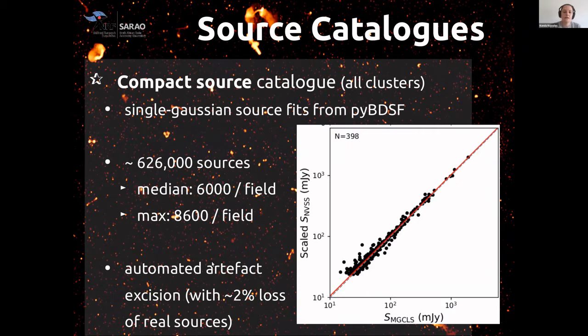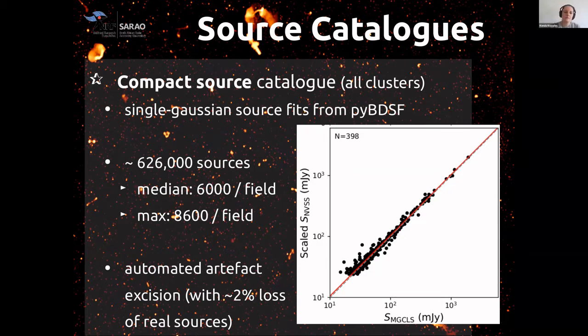To get this catalog, as I mentioned, you have some of these direction-dependent artifacts in the images, and in some cases these artifacts confuse the source finder. So around bright sources, you could get a high fraction of spurious source detections.